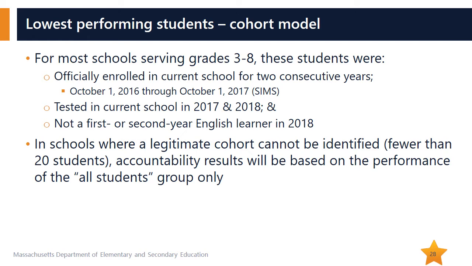The ELA and math achievement results for each of these students will be averaged, and the lowest performing students will be identified. In fall 2018, the department will compare the performance of these students in 2017 to the results from the spring 2018 tests, and improvement will be reported accordingly.